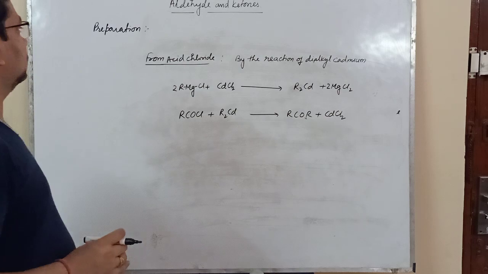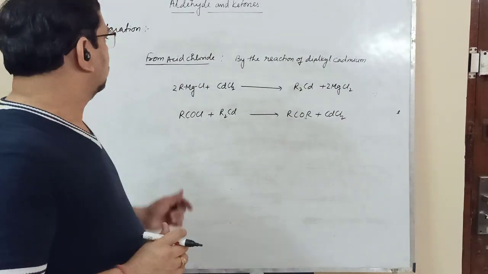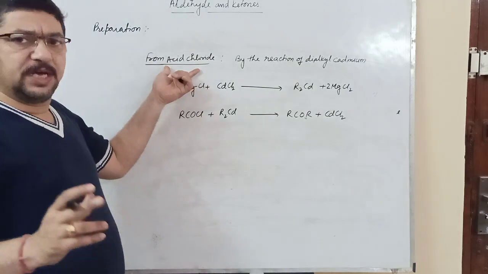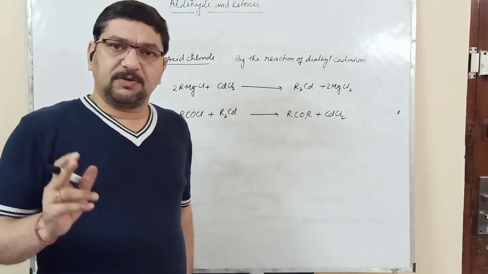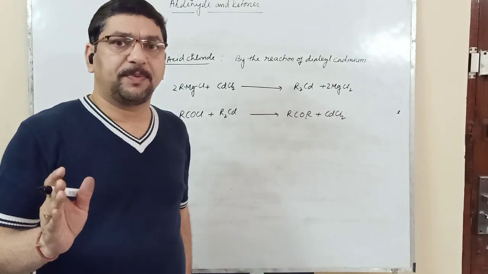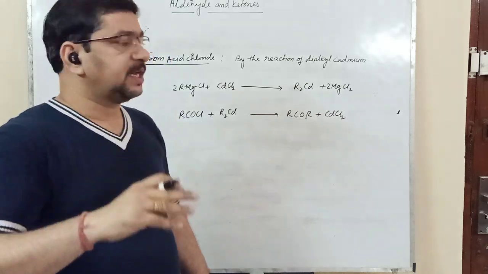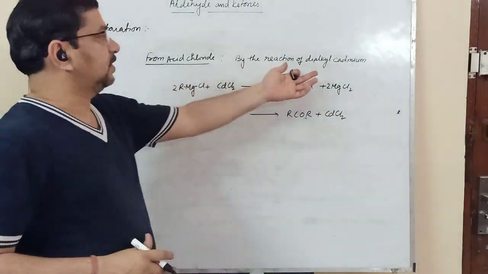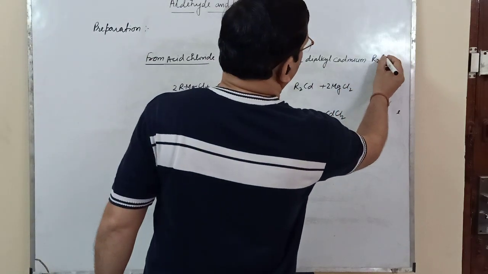Now we have to discuss some reactions in which we obtain only ketone. So first, from acid chloride. As in the case of aldehyde we discussed the Rosenmund reaction in which acid chloride gives aldehyde only. But when we have to prepare ketones from acid chloride, then we use some other reaction, and that is the reaction with dialkyl cadmium, that is R2Cd.